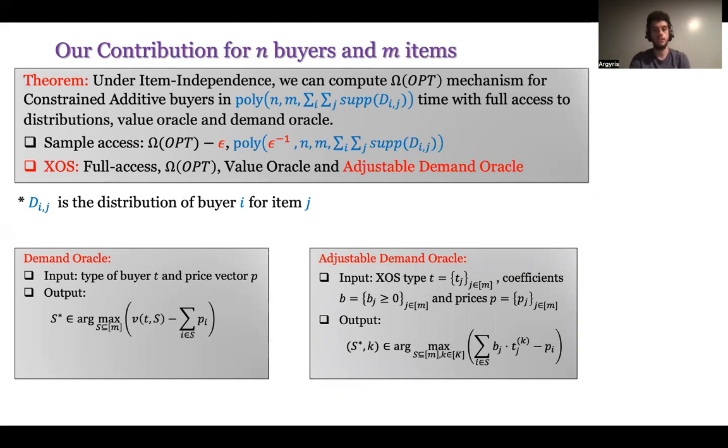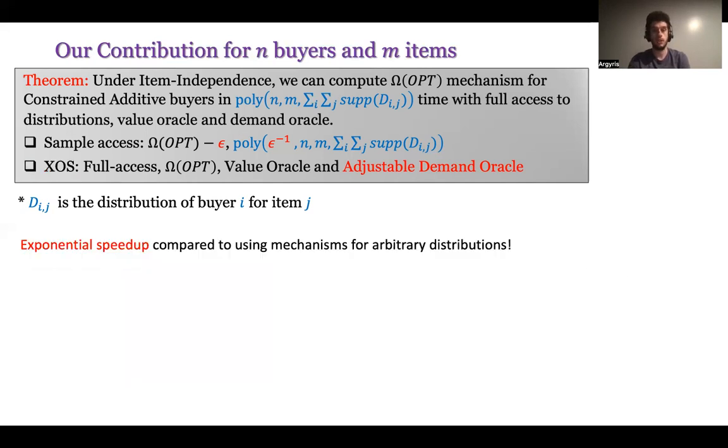I'm not going to provide a definition here. Please look at our paper for more details. Moreover, we showed that we cannot simulate the adjustable demand oracle having only access to a demand oracle. We leave it as an open problem whether we can compute approximately optimal mechanisms for XOS buyers using the demand oracle rather than the adjustable demand oracle.